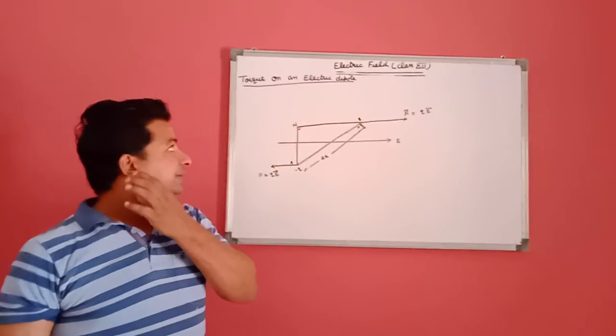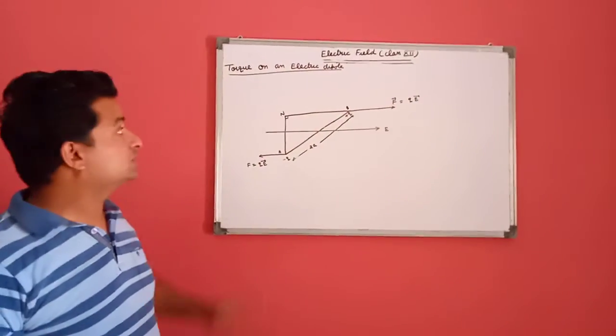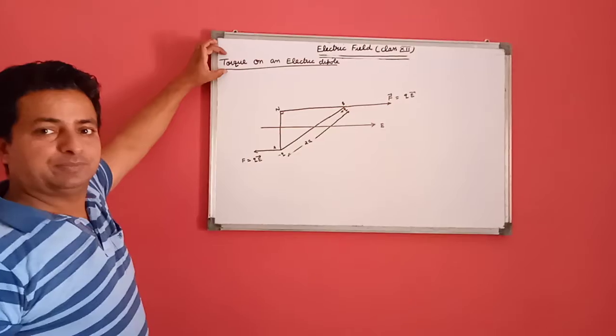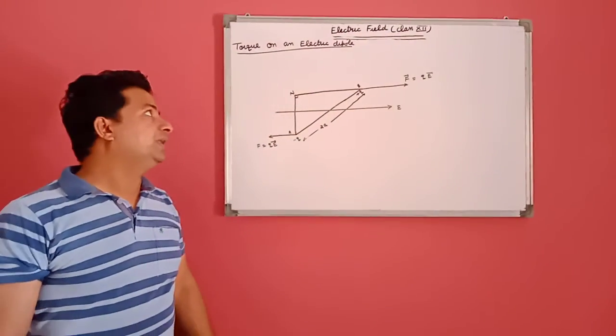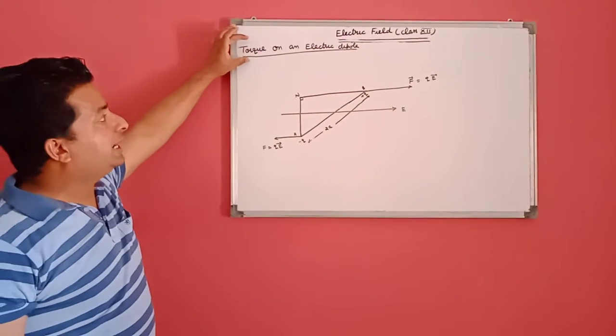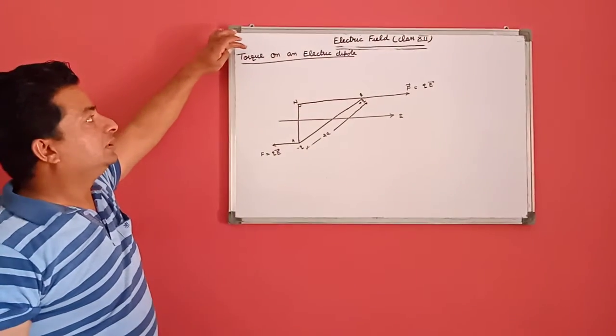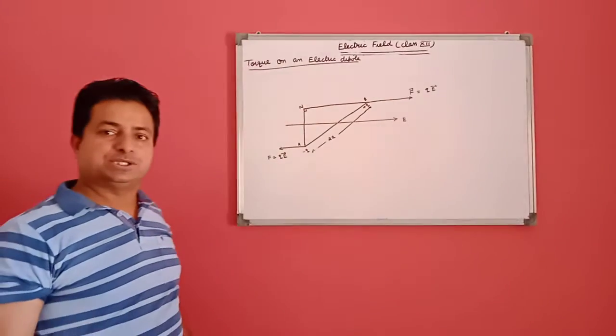The next topic is torque on an electric dipole. First of all, what is torque? Torque is the turning effect of a body about the axis of rotation, and is defined as the product of the force and the perpendicular distance.